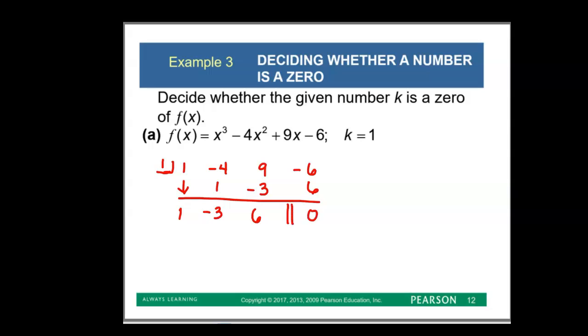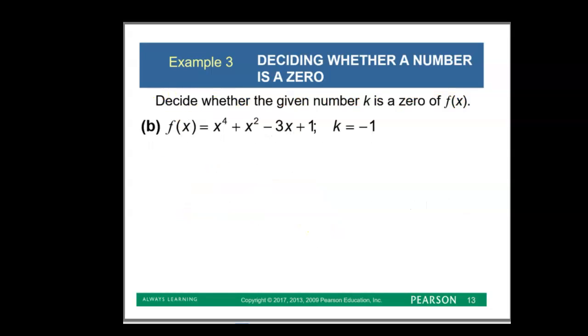Notice here we get a remainder of 0. When you get a remainder of 0, then you have found a 0. So if we are asked to decide whether the given number k is a 0, our answer is yes, k equals 1 is a 0, and that is by the remainder theorem, which yields a 0 for the remainder.